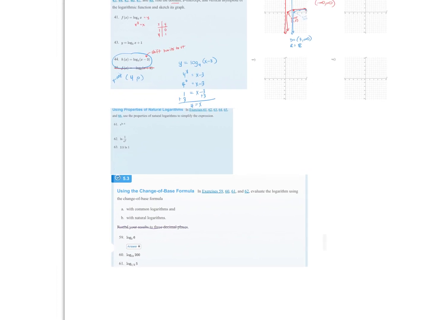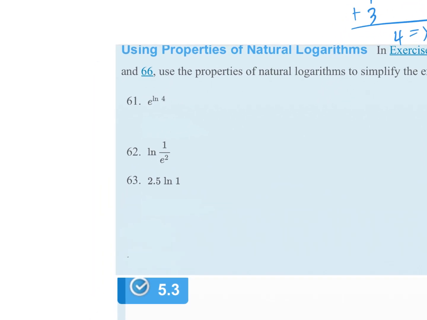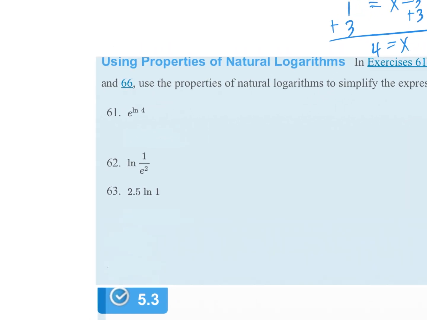In the natural log graph, again, it's going to be pretty similar. So we can try one of those. Well, wait, this is just wanting natural log properties. This isn't actually wanting me to graph it, it's wanting me to solve it. So again, this is e to the log base e of 4. That cancels, my answer is just 4.